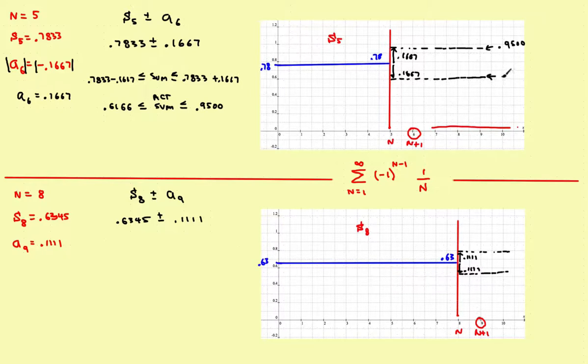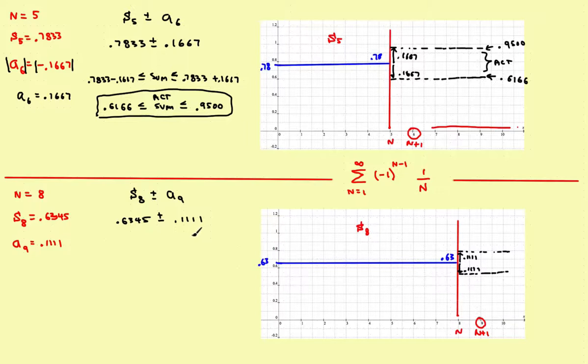This one right here is 0.6166, and you know that your actual sum has to fall somewhere in that range. So this is the answer to the first problem. If you let n equal 5, you can estimate the sum as being somewhere between here and here.